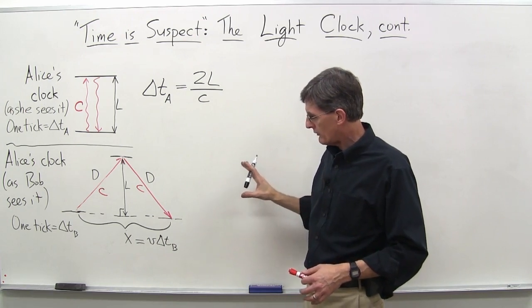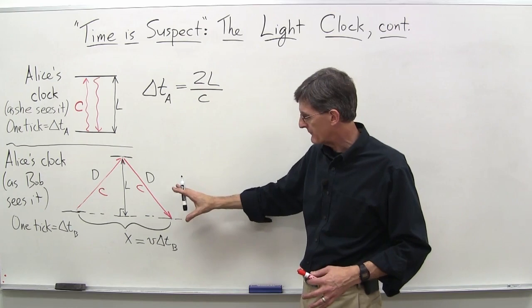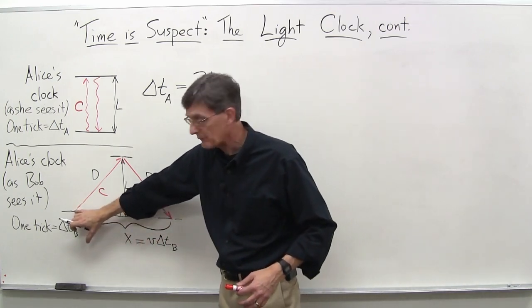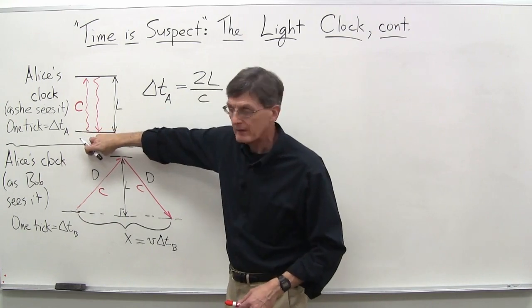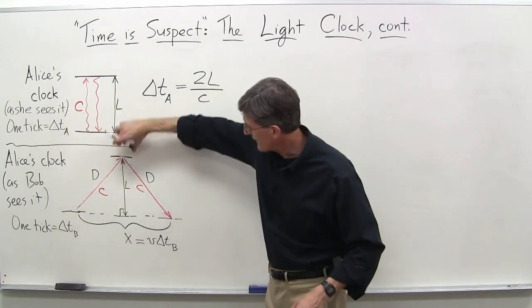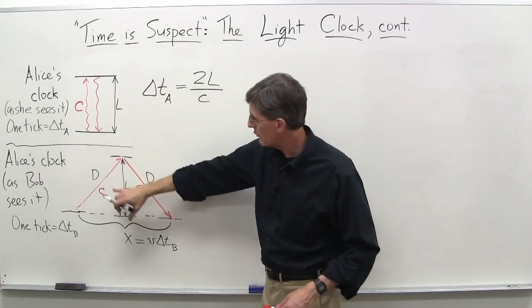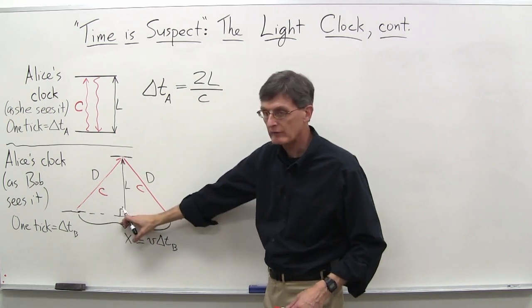And so these are really 3 snapshots of Alice's clock as Bob sees it. So the first snapshot is when the light beam leaves the bottom mirror and the upper mirror is up here. We didn't draw it in there. So that's one snapshot of Alice's clock. Here's the second snapshot right here where the light beam hits the top mirror, and then the bottom mirror is down here in that position.